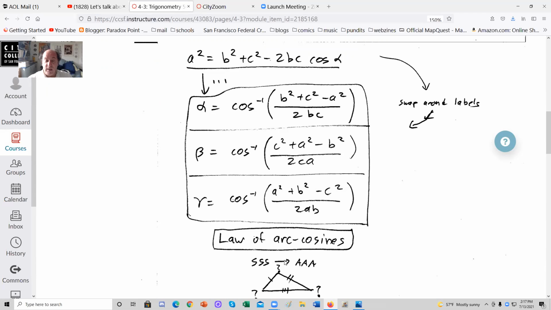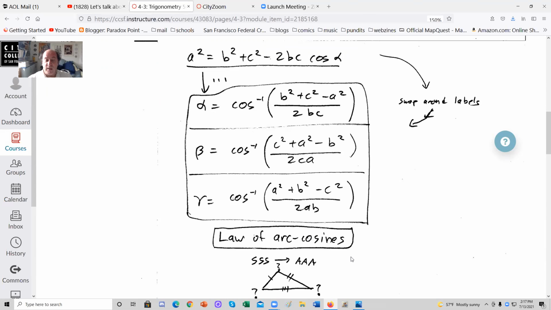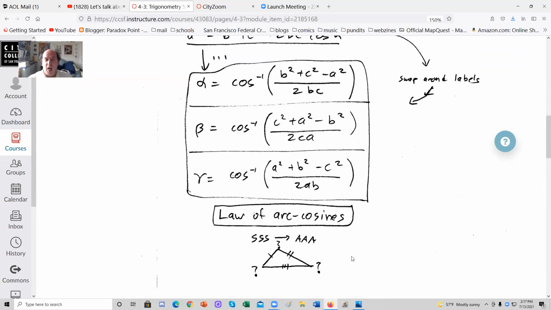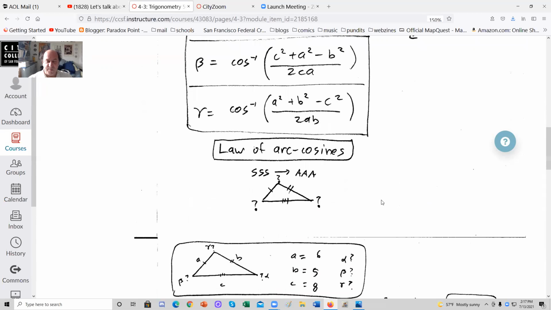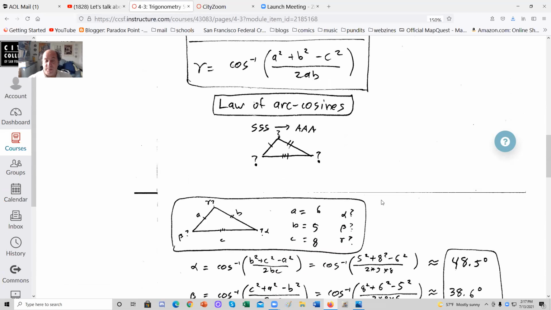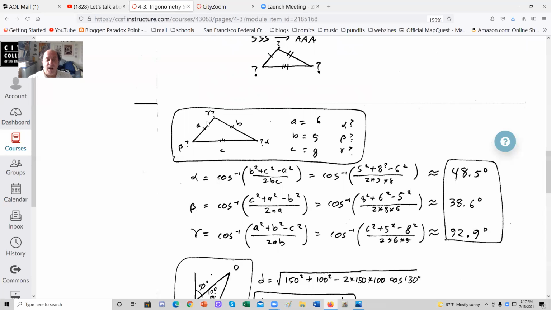Given three sides, a, b, and c, we can, from this formula, get the three angles, side side side. Although generally it's a little less work to solve for alpha and beta and then find gamma by 180 minus the other two. So for example, here we have a triangle with sides a is 6, b is 5, c is 8. What's alpha?